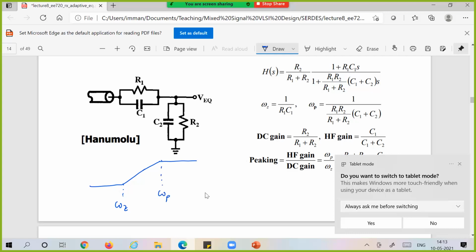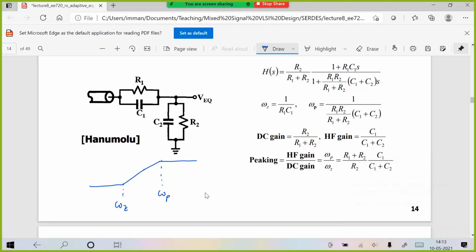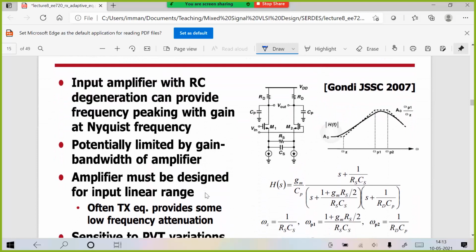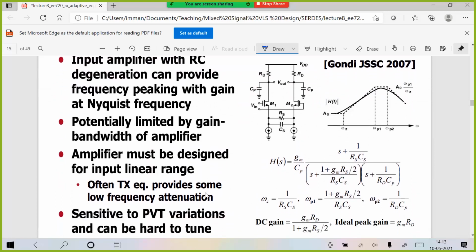So let's say this is your high frequency gain, this is your DC gain. The peaking is basically taken as the ratio of the high frequency gain and the DC gain, and it turns out to be something like this. All right, and the active CTLE, as I mentioned, you can take something like this.